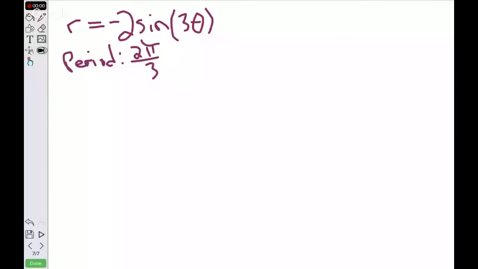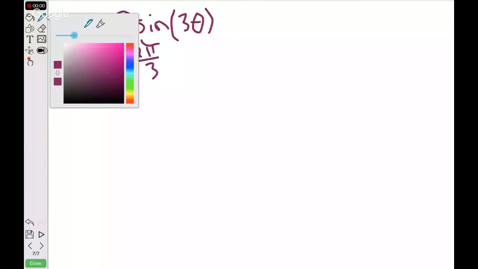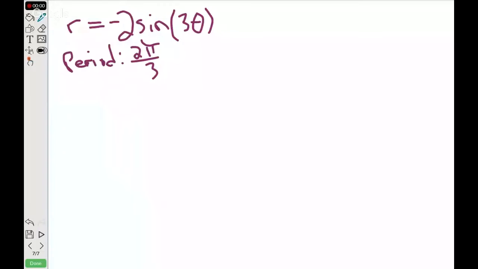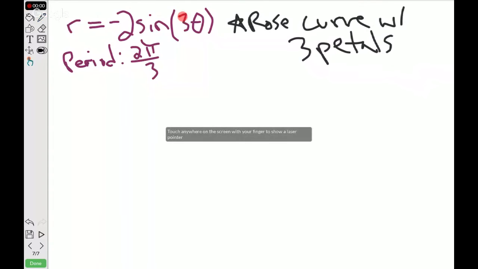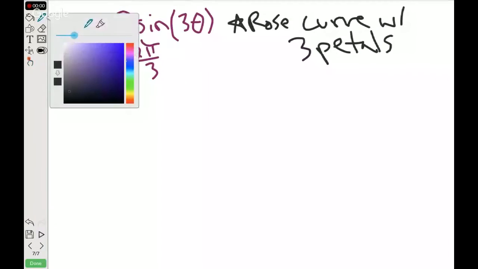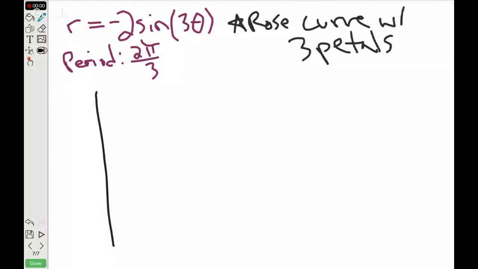And that gives you your period for sine and cosine. As that person mentioned, this is a rose curve with 3 petals, right? Because this is an odd number here. So like I said in the last problem, that will be the number of petals. Through our R and theta table.